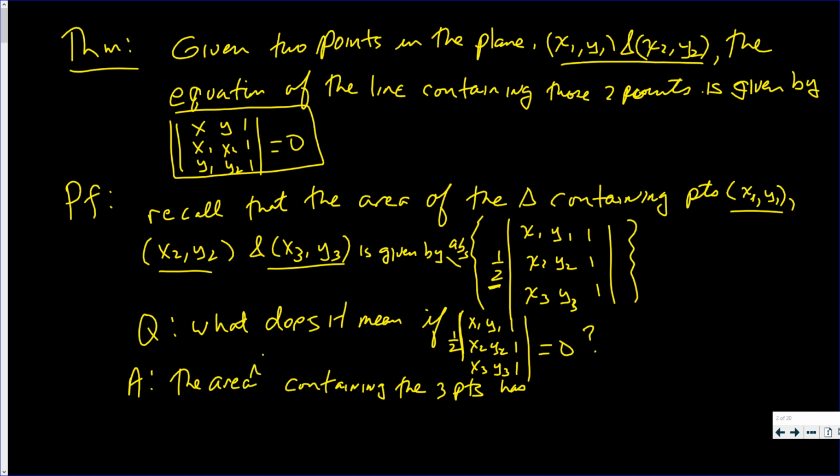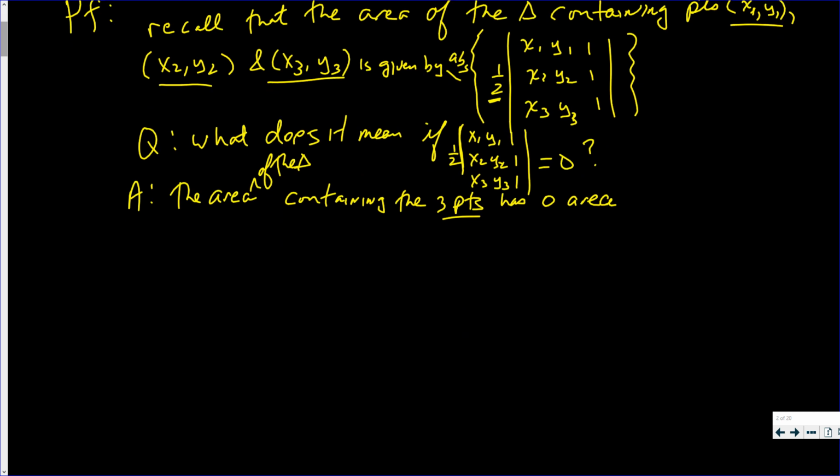The area of the triangle containing those 3 points has 0 area. Now, what exactly does it mean for the area of a triangle to be 0?